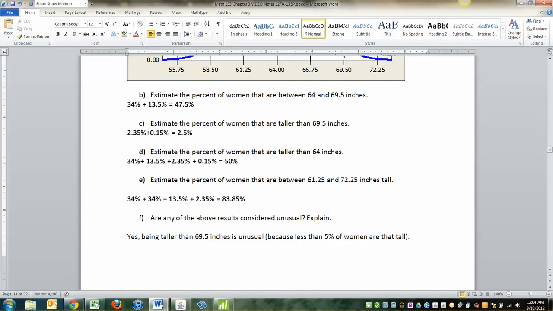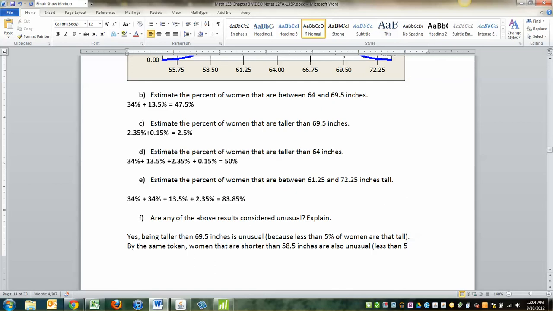By the same token, women that are shorter than 58.5 inches are also unusual. Again, less than 5%.